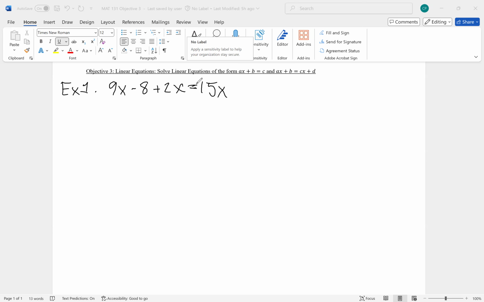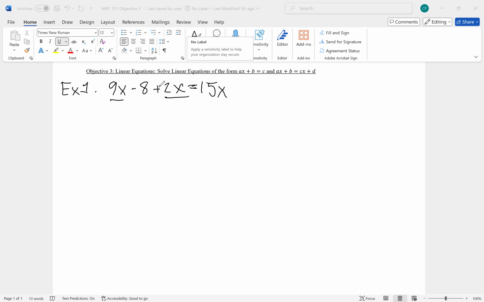So one of the first things that you need to notice about this problem is that it's not quite in the form ax plus b equals c just yet. We need to first combine these like terms, okay?